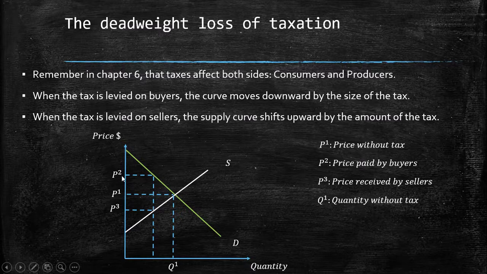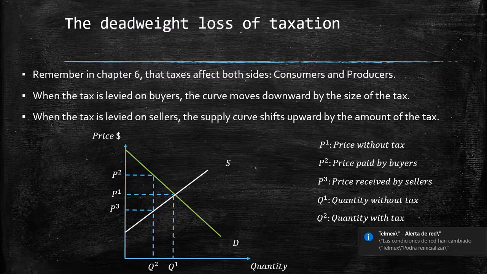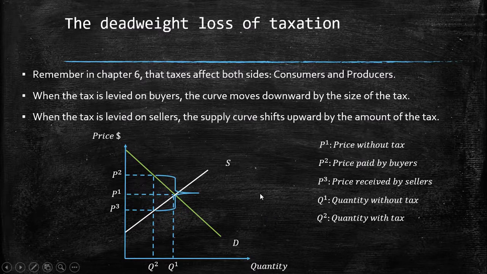So the difference, P2 minus P3, is the value of the tax. And with this tax, the market faces a lower quantity demanded and produced: Q2 with the tax, and Q1 without the tax.